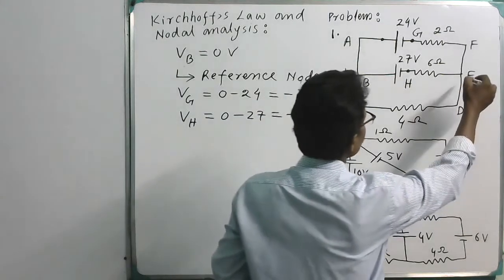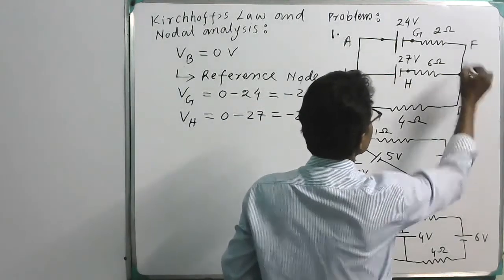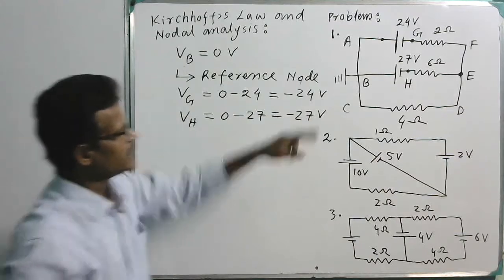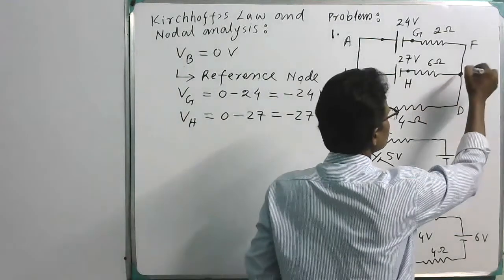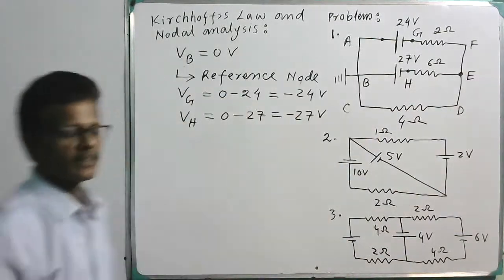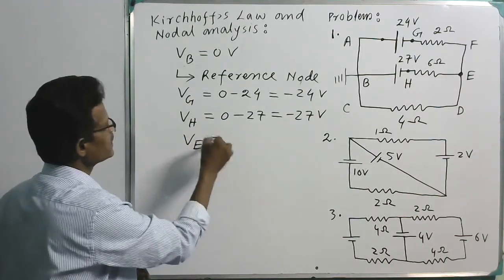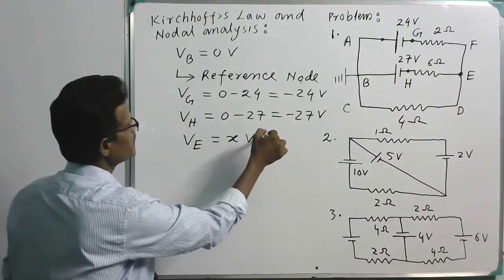Then what is the potential at this point? One more point is there in the circuit. So the potential at this point, say that is X volt. So VE is X volt, say.